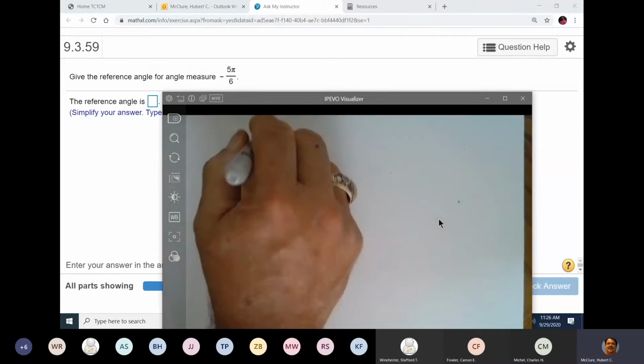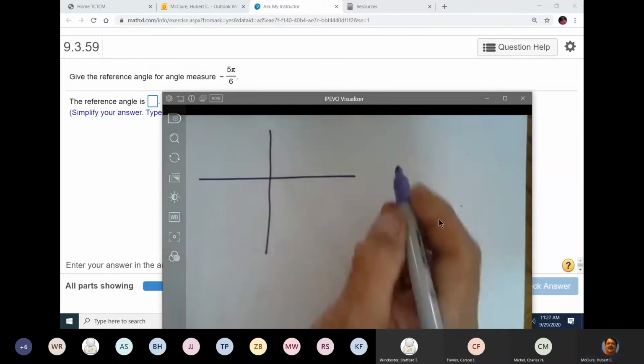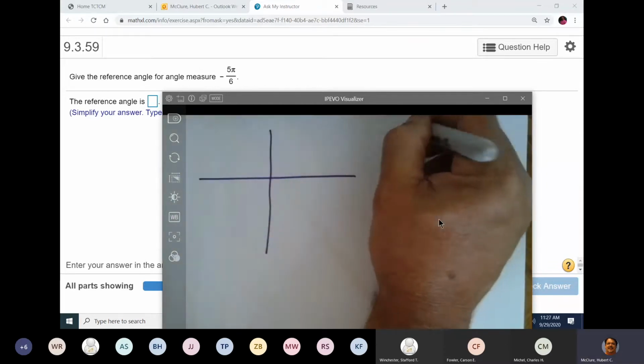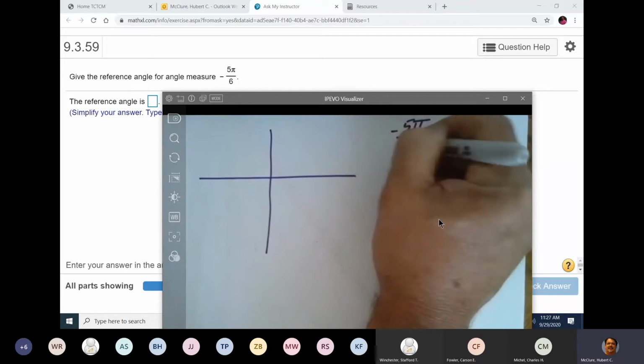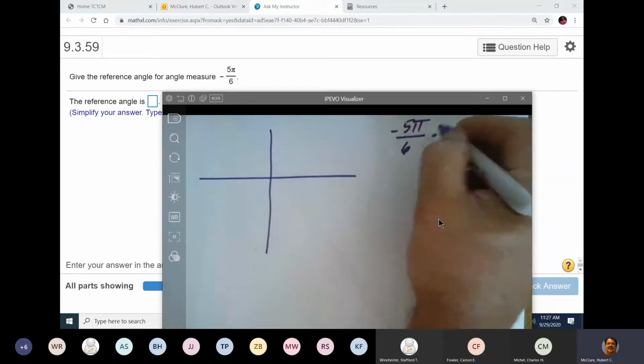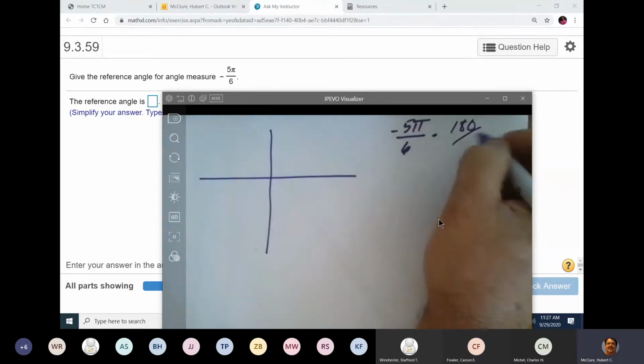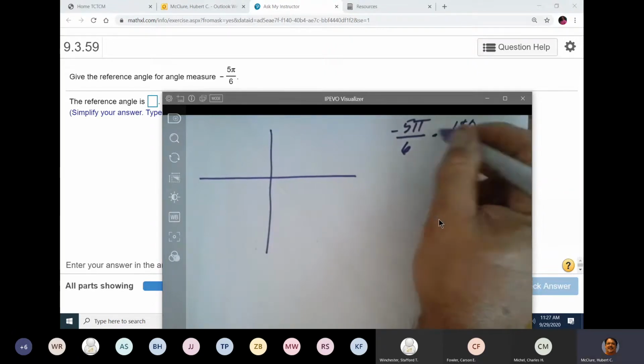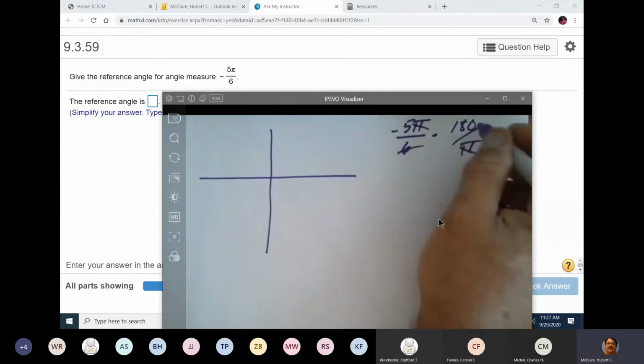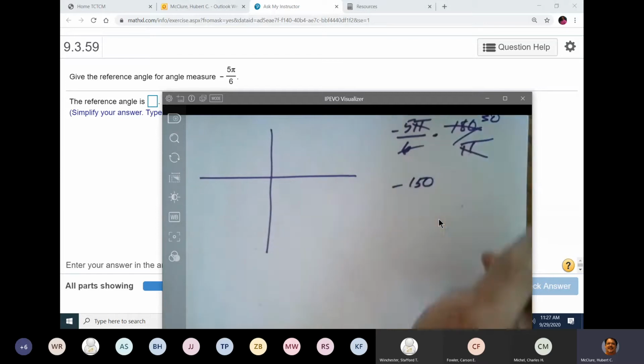So negative 5 pi over 6 is multiplied by 180 over pi, and the pi's cancel. 6 will go in there 30 times. Negative 150. Now I guarantee you didn't know what negative 5 pi over 6 was when you looked at it.